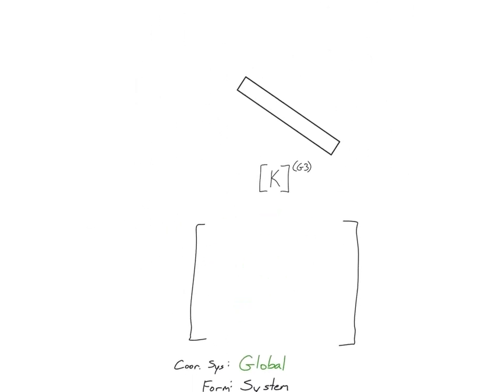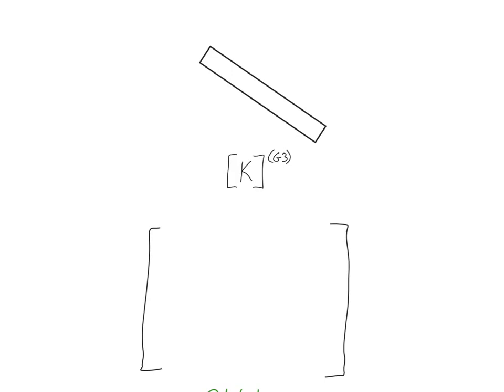So looking up top here, what we might have as an example is a member here, and they share nodes, and then we might have another member that goes across like this, and they share this node.